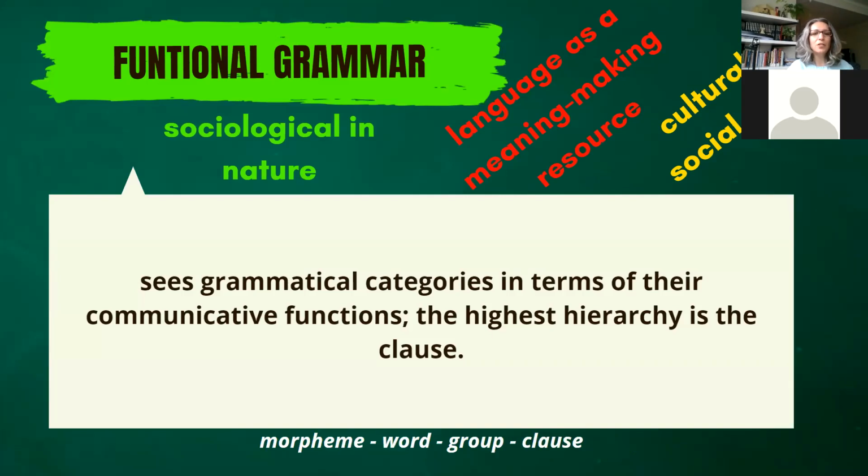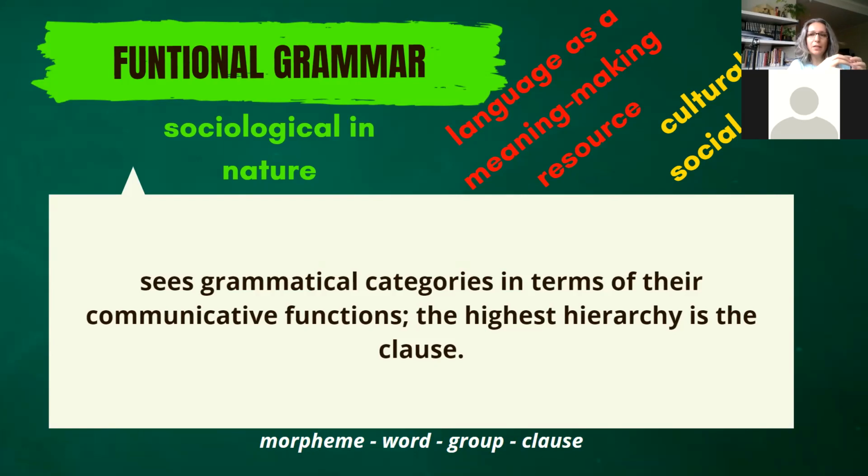And functional is not as rigid as the other type, which is traditional, because it sees grammatical categories in terms of how they function and the meaning. It doesn't recognize a sentence as a grammatical structure, because the most it recognizes is the clause, and clauses put together form sentences. So it doesn't actually go beyond a clause. It just stops at a clause.